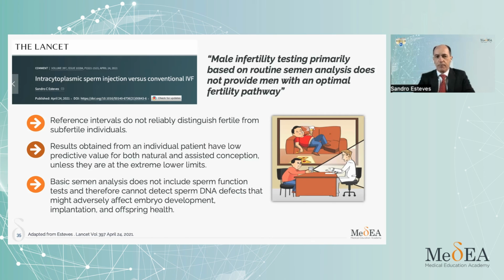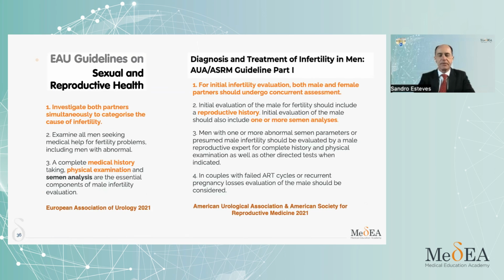Second, the results of a basic semen analysis have a low predictive value for natural fertilization and also ART success, unless the sperm parameters are at the lowest limits. And third, semen analysis, as routinely performed, does not include functional tests and therefore is unable to detect sperm DNA and epigenetic alterations that might affect embryo development and implantation and also offspring health.